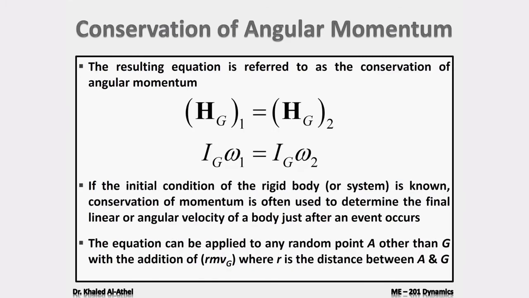So basically, the conservation of angular momentum is done through this equation, and the conservation of linear momentum is done by the previous equation, mv equals mv.